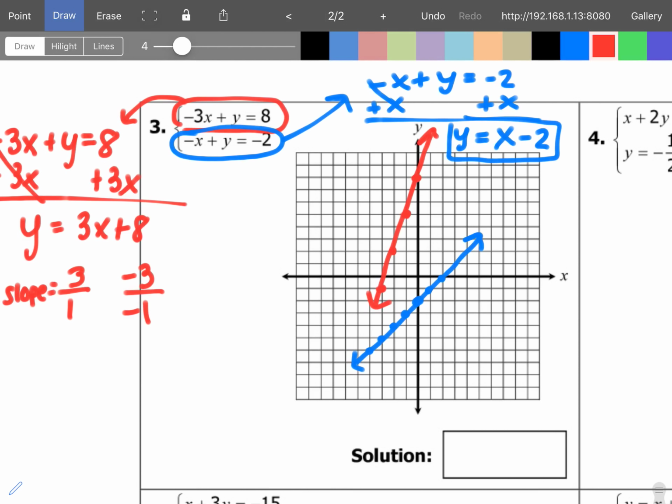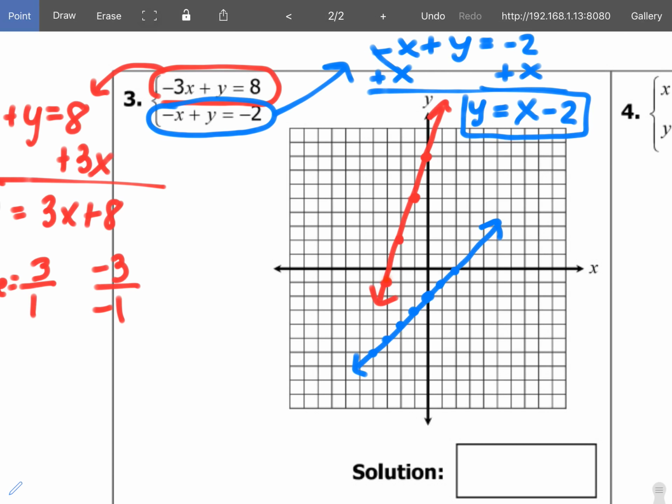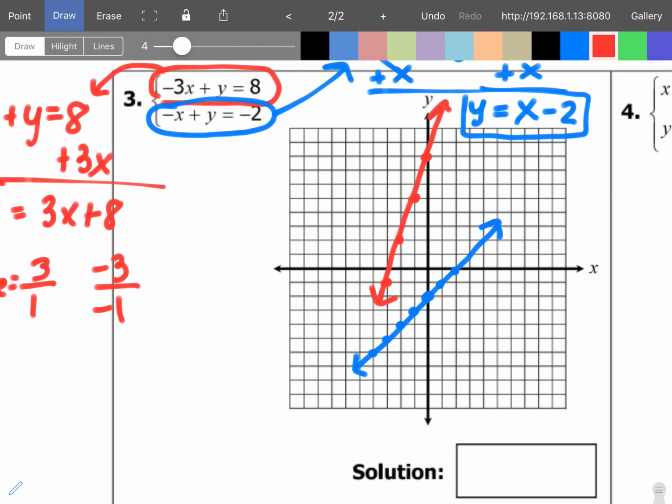I want to keep going so I know for sure, unless you had a ruler. I don't have a ruler, so I'm going to continue this slope. So I'm going to go down 3 over 1. Okay, make a point there. And then I'm going to go down 1, 2, 3 over 1. Do you see how this is where they intersect? So I need to actually extend that red line. And this is where they intersect.